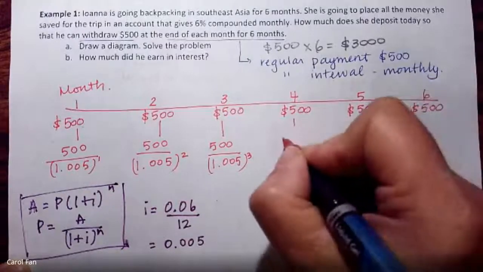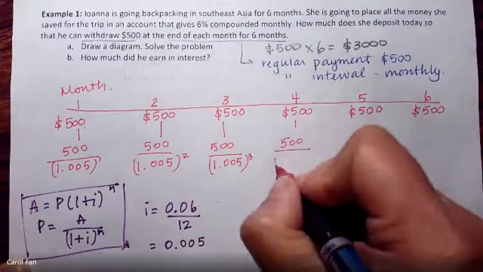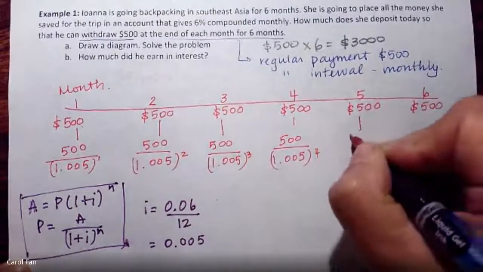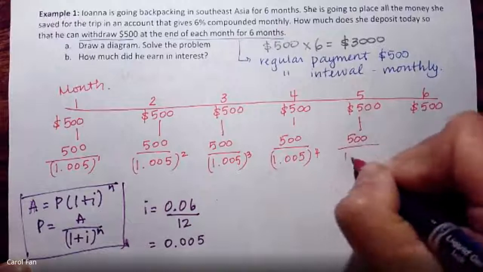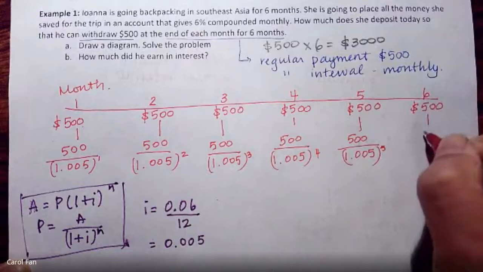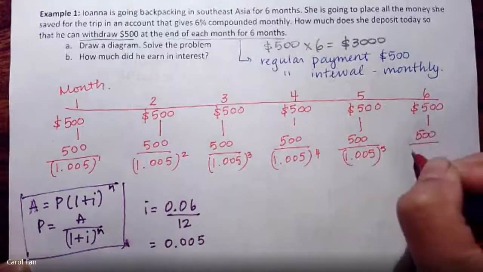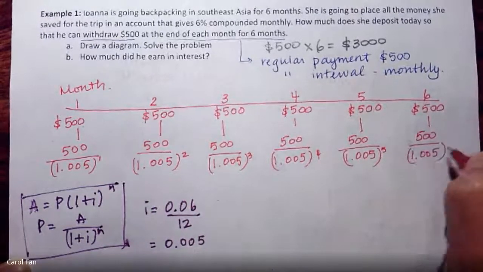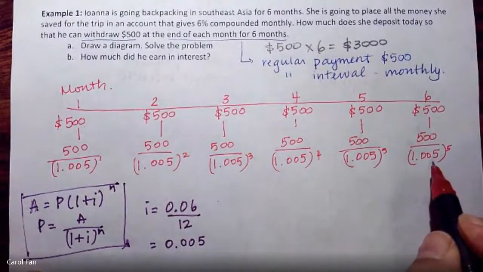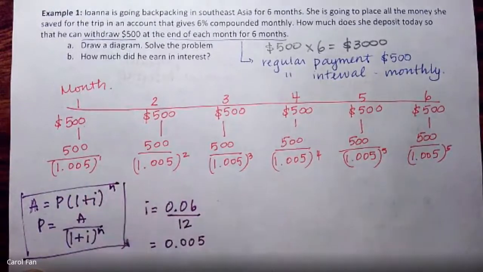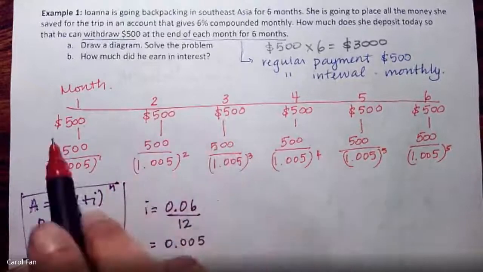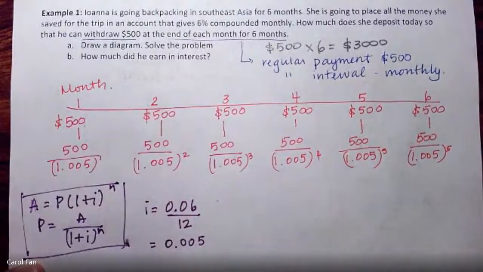So I'm just going to quickly write down the other ones. So this is all of the principals of what had to be input to get $500 at the end of each month.